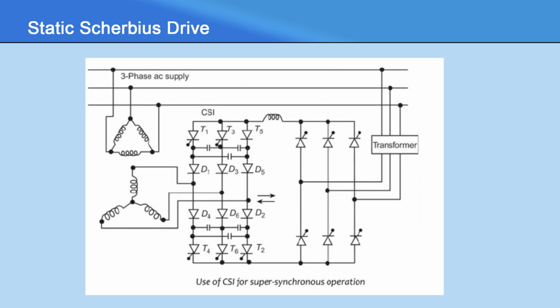The static circuit based drive with power flow to and fro the rotor can be realized by replacing the diode rectifier on the rotor side by means of a controlled bridge rectifier using thyristor as shown in the figure.